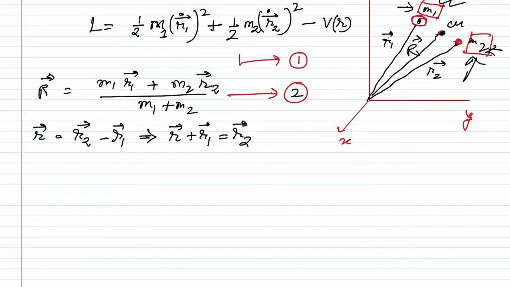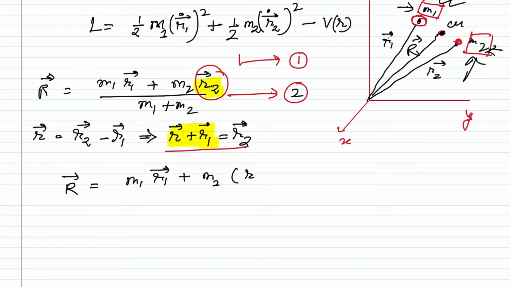Now we replace this r2 by this value. Then equation number 2 becomes: r vector is equal to m1 r1 vector plus m2.